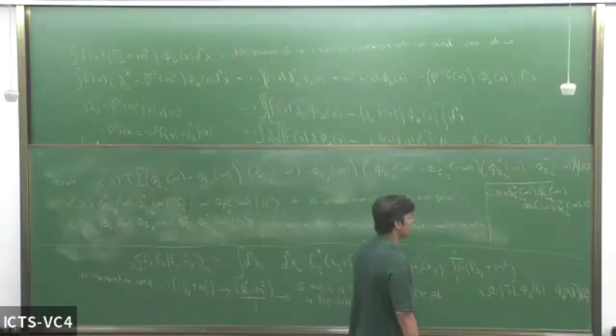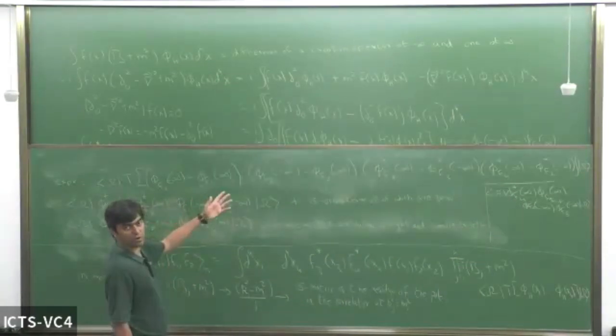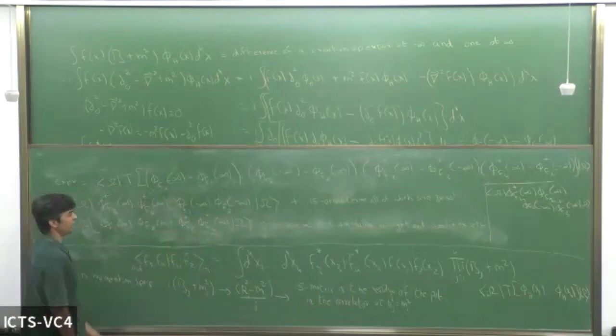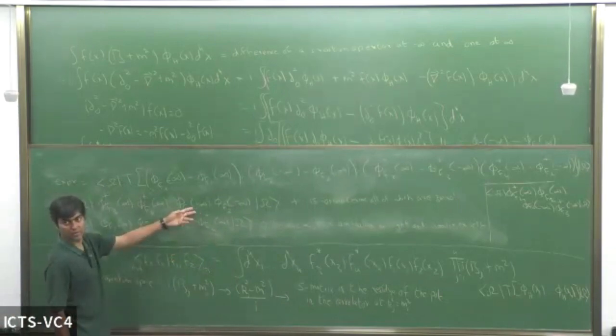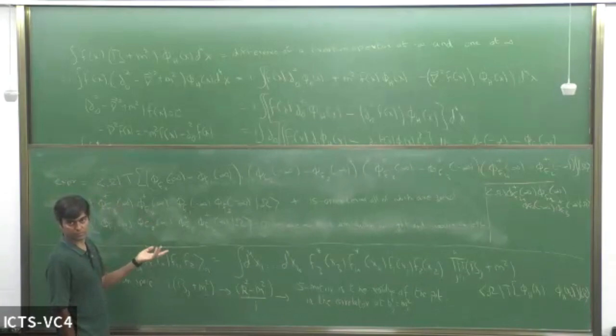So we can keep playing this game, but it's pretty obvious that the only term that will contribute is the one where you pick the creation operators at minus infinity and the annihilation operators at plus infinity. If you try to do anything else, you'll get 0.